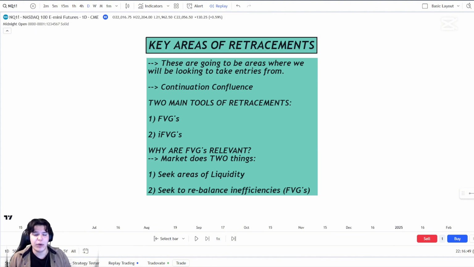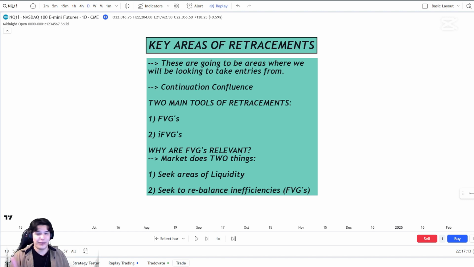Now, the second thing which we are introducing is the market will also seek to rebalance inefficiencies. And that is all just a fancy way of simply saying that the market will, one, seek areas of liquidity and will then seek to rebalance fair value gaps, because fair value gaps are supposed to be imbalances, which are inefficiencies. So those are all interchangeable terms.